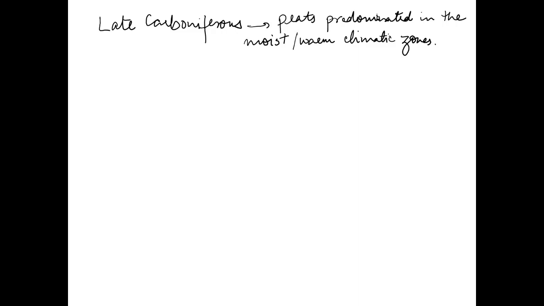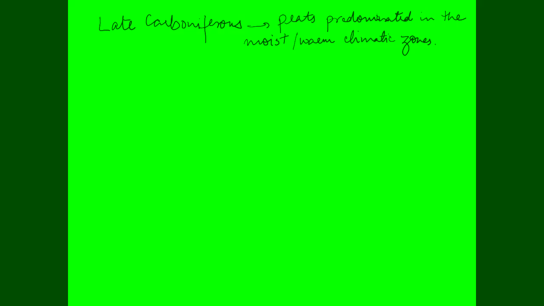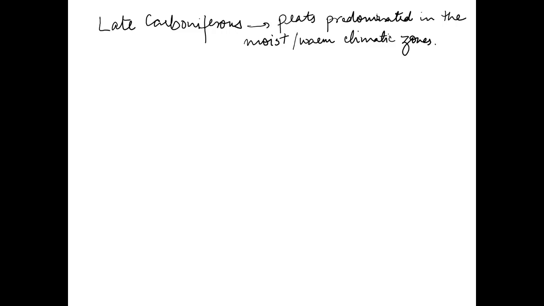So even though the warm and humid climate is important, the temperate regions which have a fairly good amount of rainfall may have a humid temperate type of climate. So humid temperate and dry temperate. If it is a humid temperate climatic zone, like those in Siberia and in the southern hemisphere, there also rich coal deposits have been found.